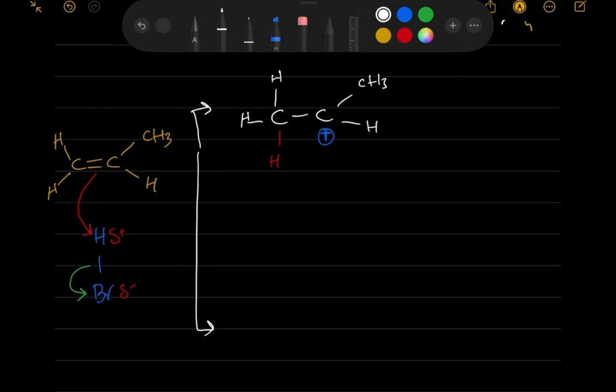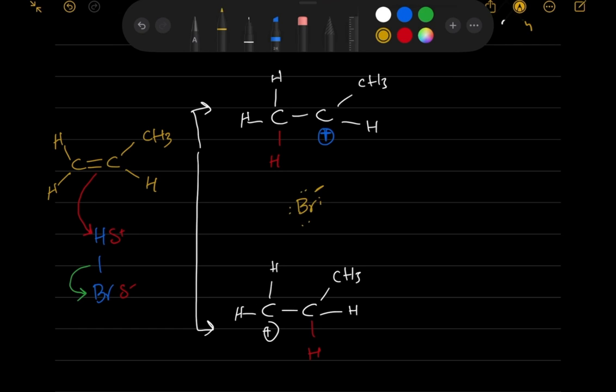On the other hand, we will end up with another compound that looks like this, but in this case the hydrogen is bonded to the other carbon. So we have hydrogen here, and this is the hydrogen that I mentioned earlier, and here we have the two hydrogens and the positive charge for sure.